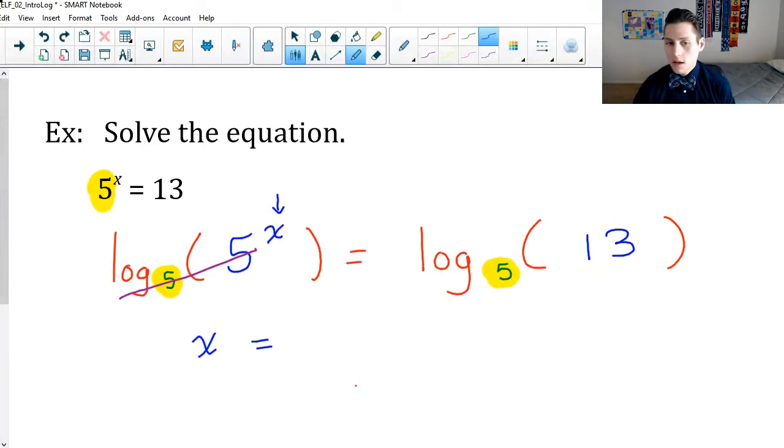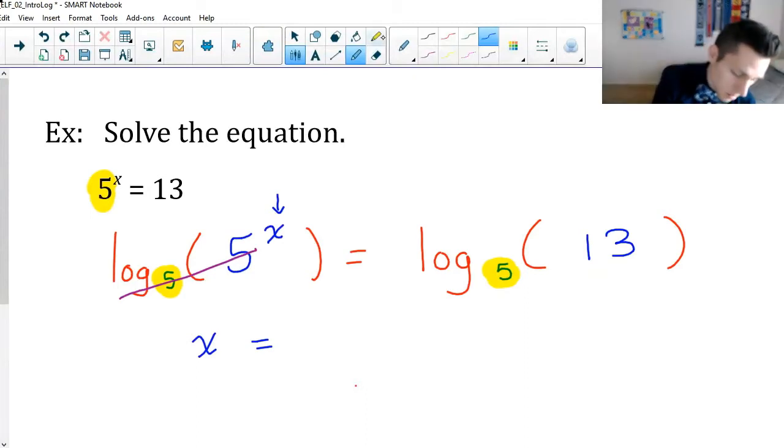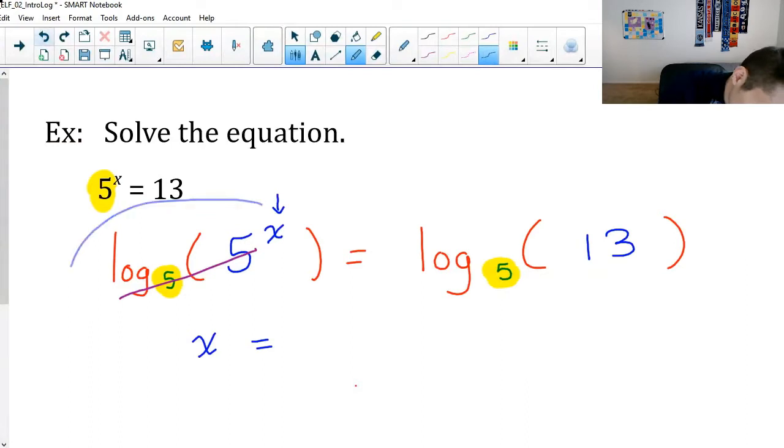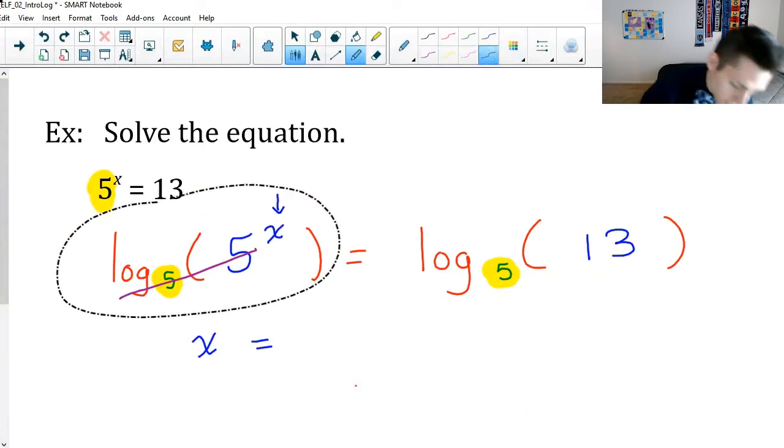I mean, if we need to solve, then yes, we need to use a logarithm. Do you need to actually fully write out this part where you do log base 5 of 5 to the x, and then just cancel the logarithm and the 5? I think that's what you're probably asking.